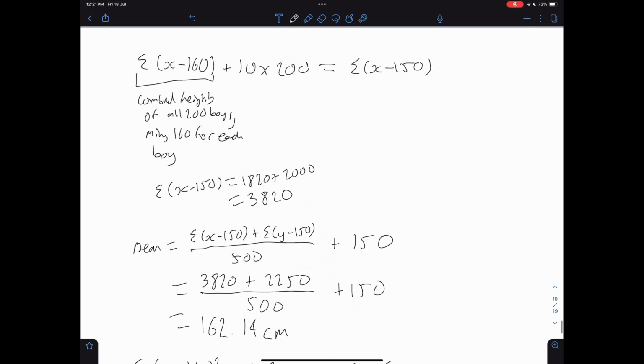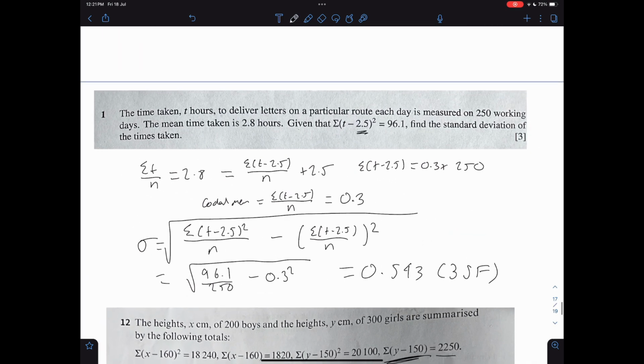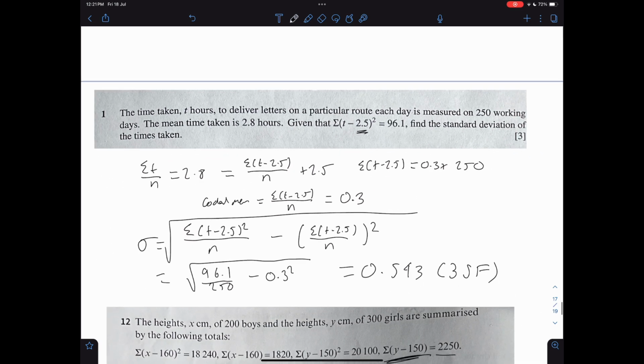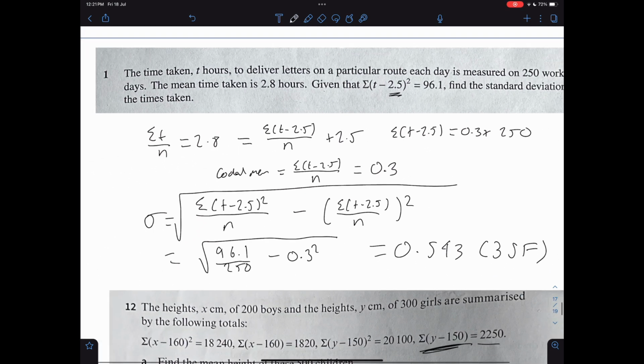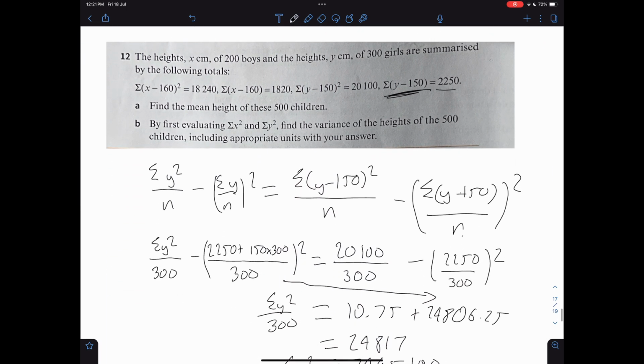So that's pretty much it for coded data. Just remember, when you code a mean, you need to add back the constant that you subtracted from every value in the first place. And for the variance, when you subtract the same number from every data point, variance and standard deviation will not change.